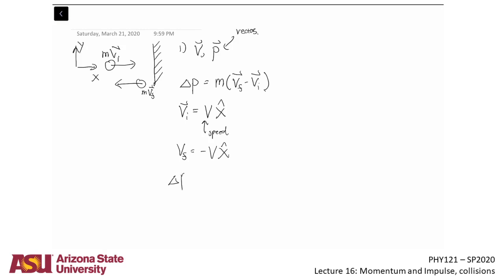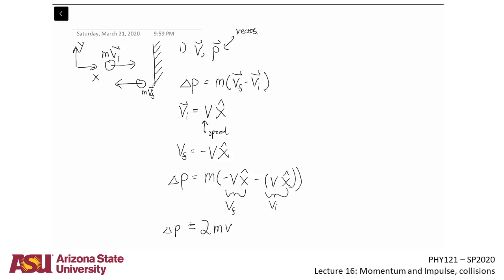Therefore, delta p is the mass times v final, minus v x hat, minus v x hat, right? So this is v final, this is v initial. Therefore, delta p is 2mv. Okay?